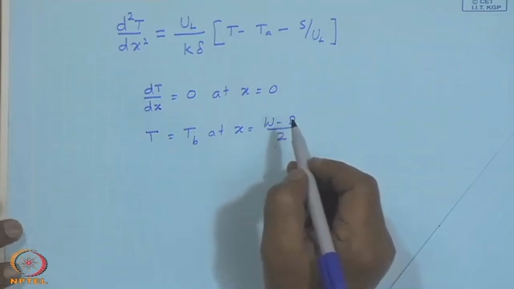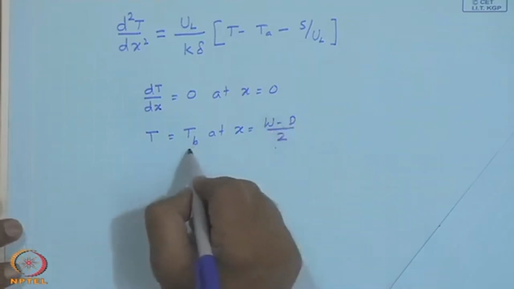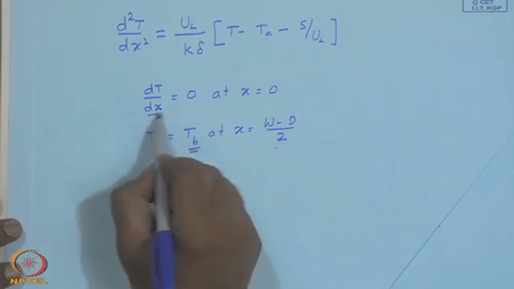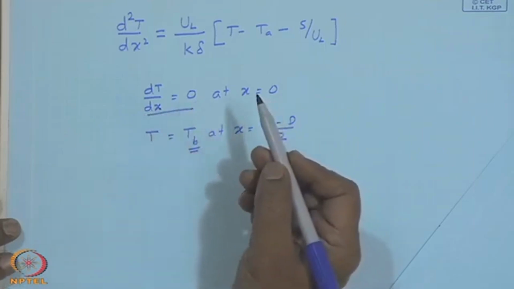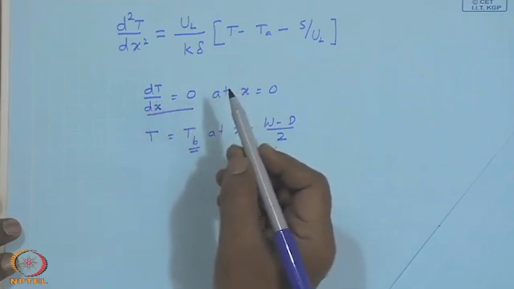By virtue of symmetry, we call the insulated condition, in heat transfer terminology, because dT by dx is 0.